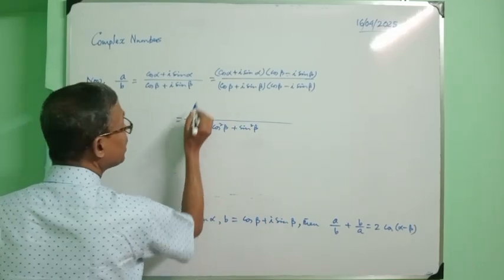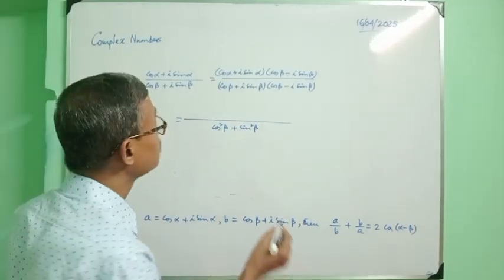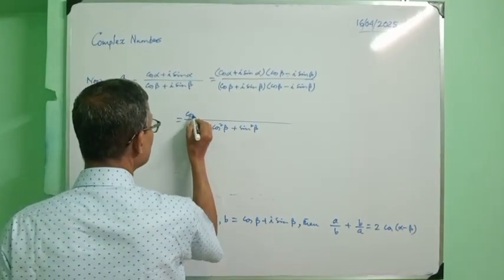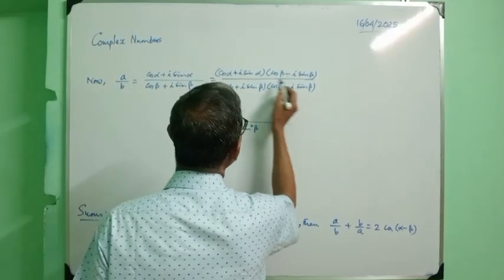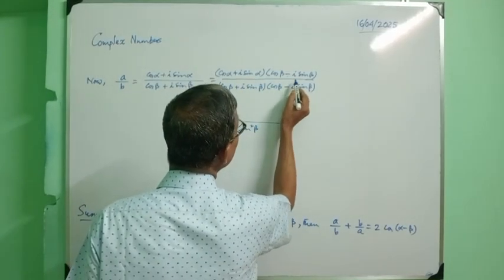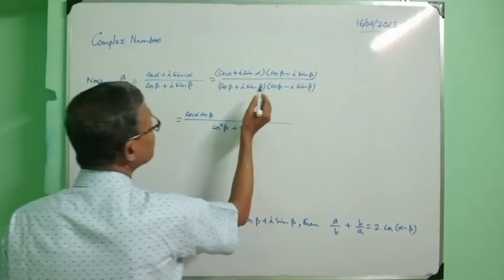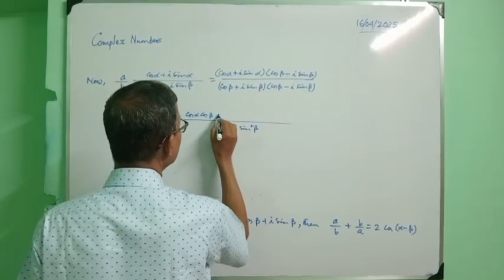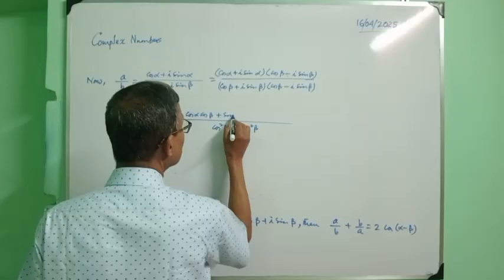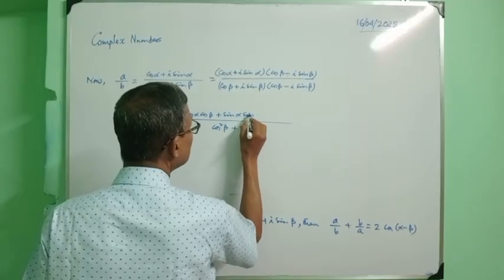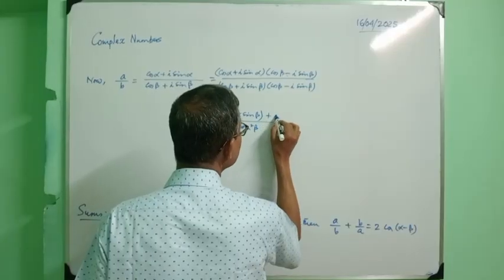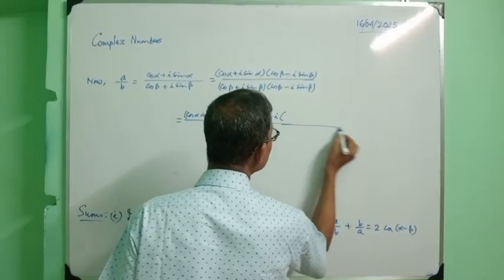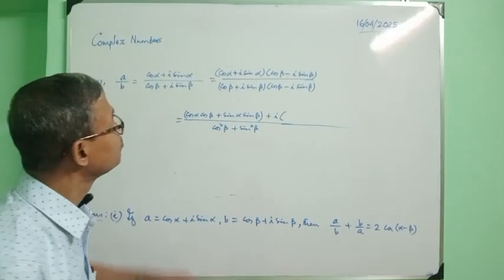That will be, I write the real part first, cos alpha cos beta, then I sin alpha minus I sin beta, that means minus I square means plus sin alpha sin beta, plus imaginary part, that is why I write I outside.